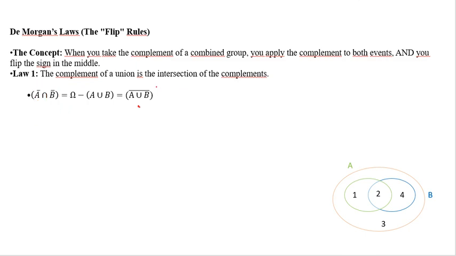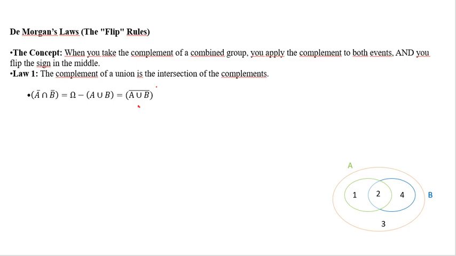Here we have two events, A and B. A is 1 and 2, and B is 2 and 4. So what is A union B? A union B, we know it's anything in A and anything in B together. So A happens, B happens, and A and B together. So 1, 2, and 4 in our example.